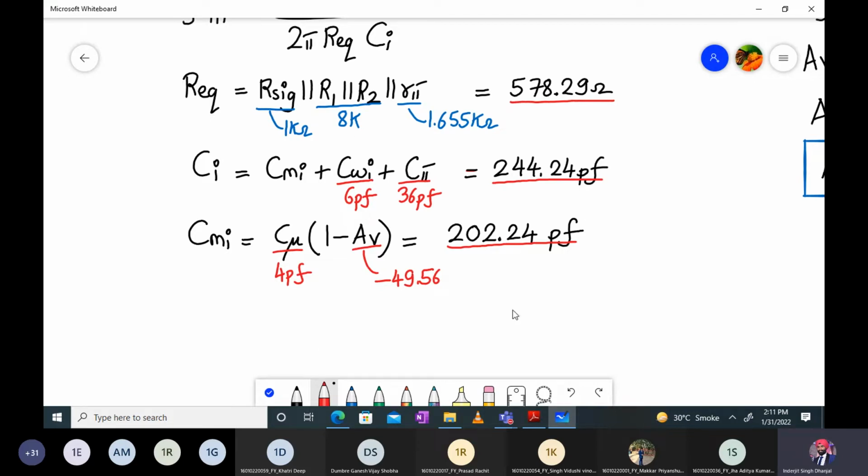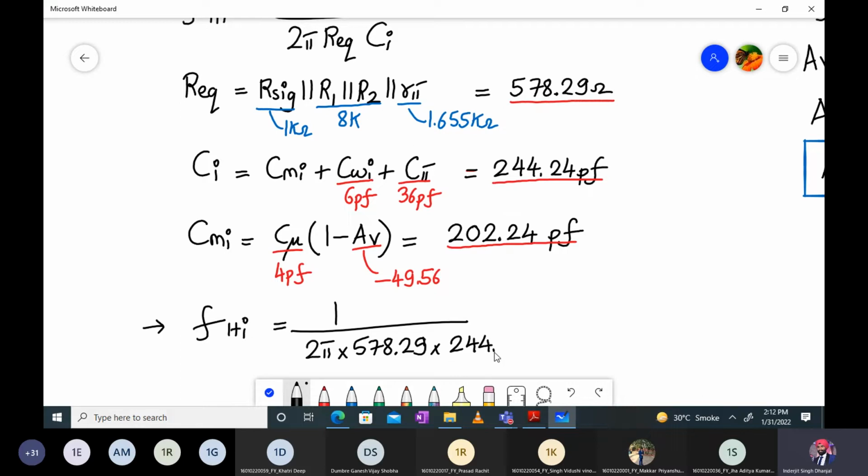So now that we know R equivalent and CI, we can easily calculate FHI. So FHI will be 1 divided by 2 pi into R equivalent, which is 578.29, into CI, which is 244.24 picofarad.